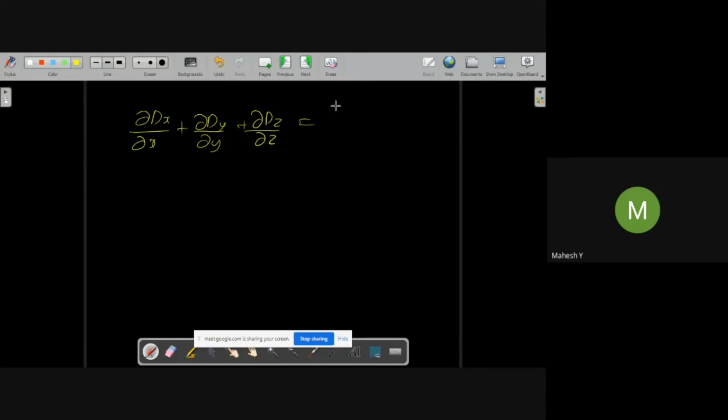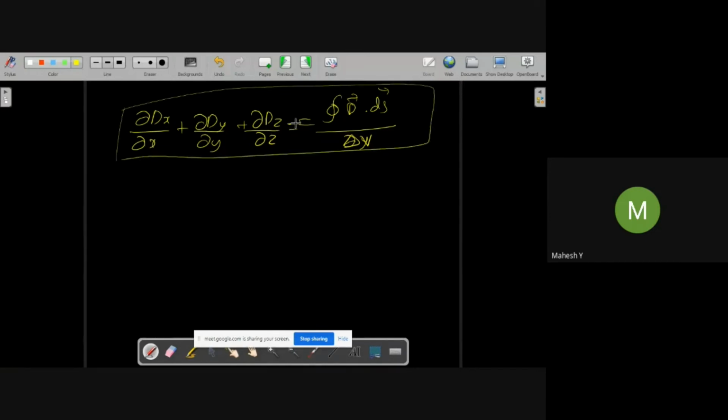∂Dx/∂x plus ∂Dy/∂y plus ∂Dz/∂z is equal to closed integral D dot dS divided by Δv. This becomes exactly equal as Δv tends to 0.